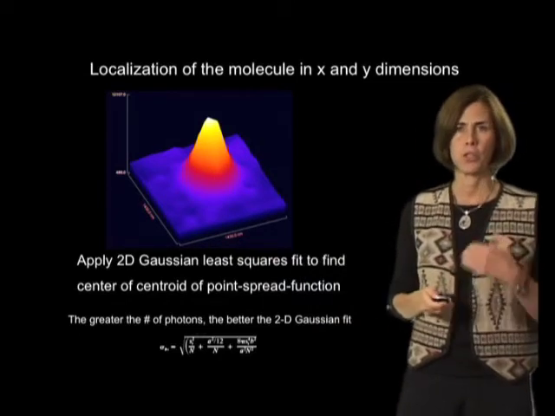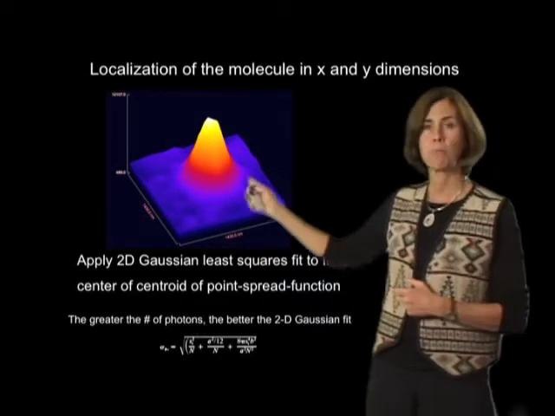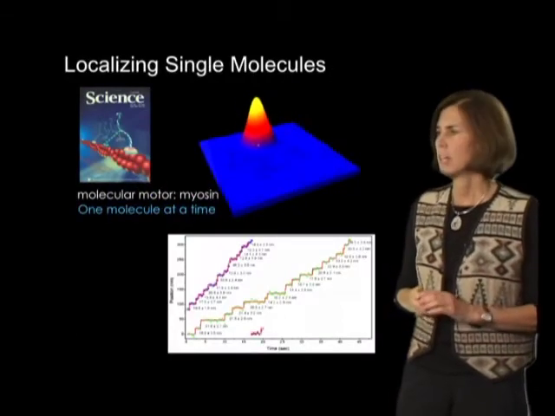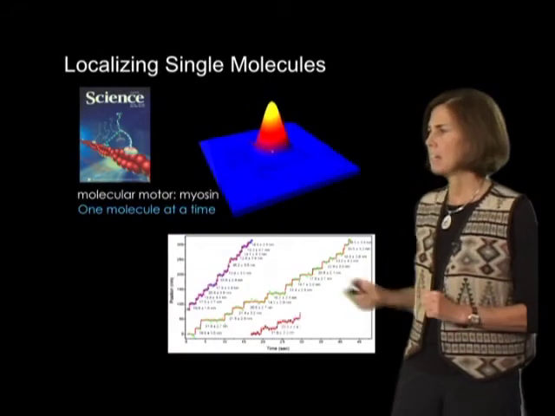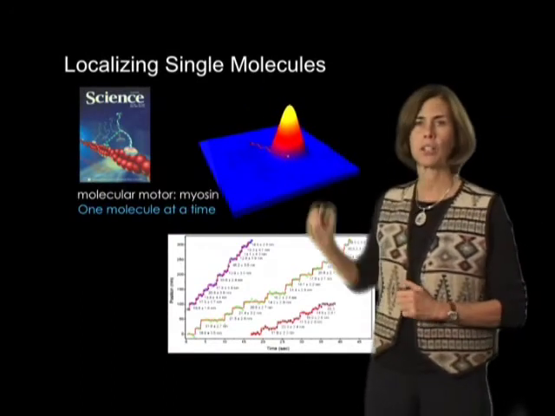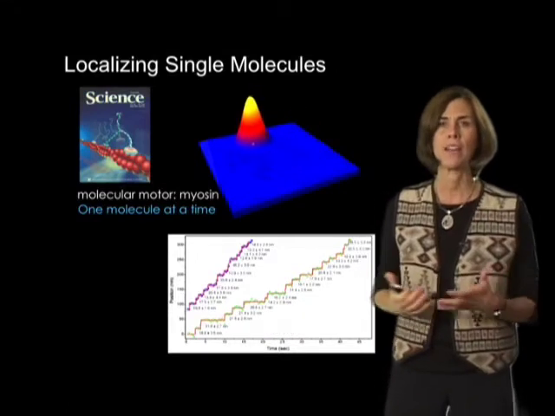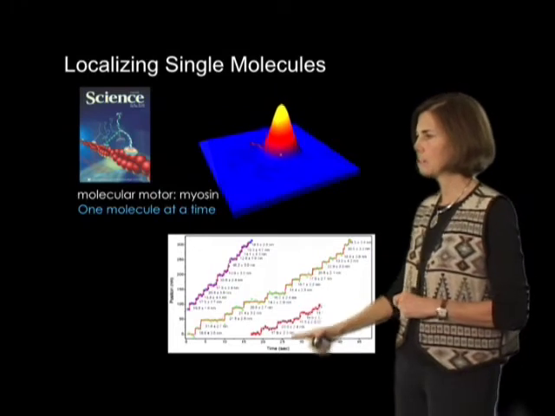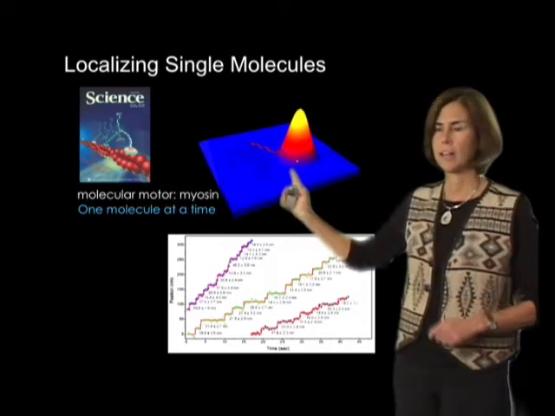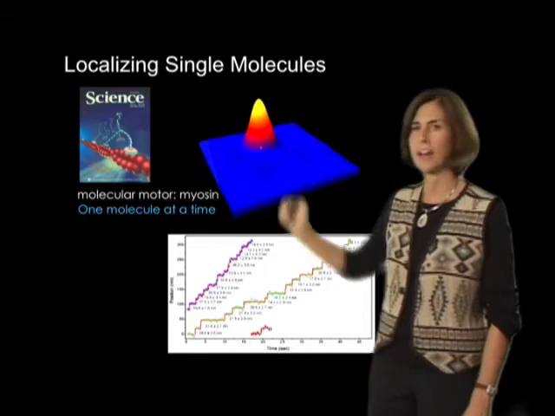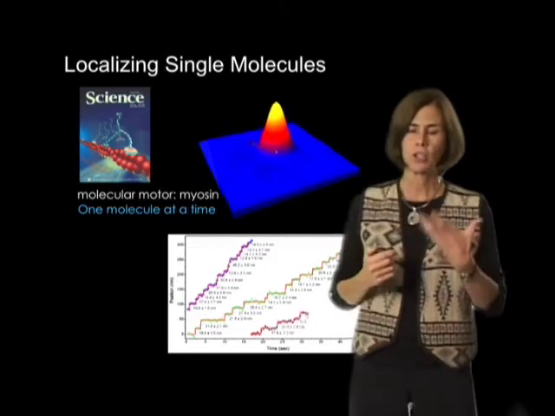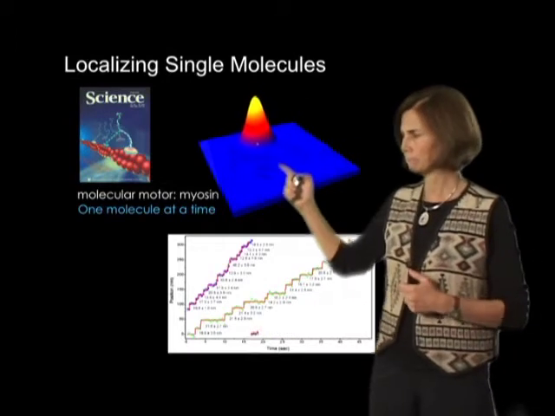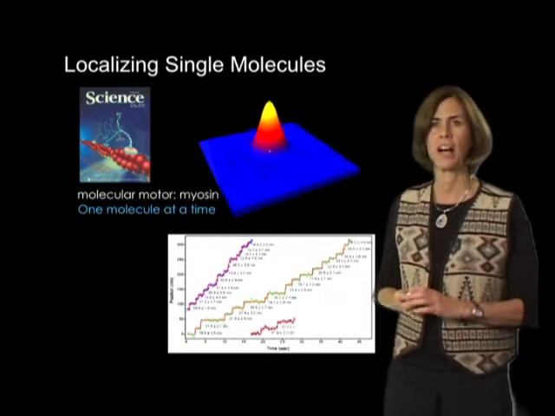Now, this approach of fitting the blurry point spread function exhibited by fluorophores has been used to very good avail at determining how single molecules move and behave when they are expressed in vitro. And this is just illustrated in this diagram right here and up here in a little cartoon fashion, where researchers looked at the behavior of individual motor proteins, in this case myosin, moving on an actin filament.